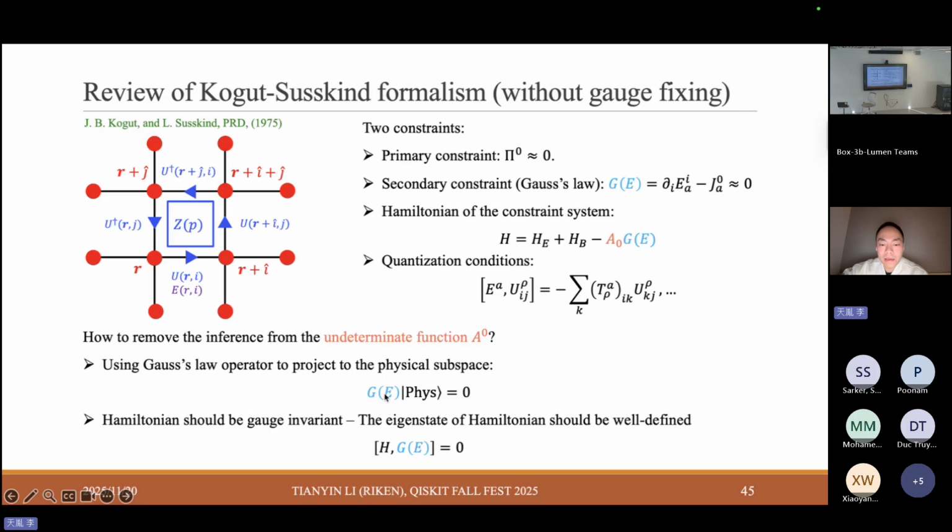That is to say, if those states can be annihilated by the Gauss's law operator, then the A0 will not contribute to these states, because the A0 is multiplied by the Gauss's law operator.